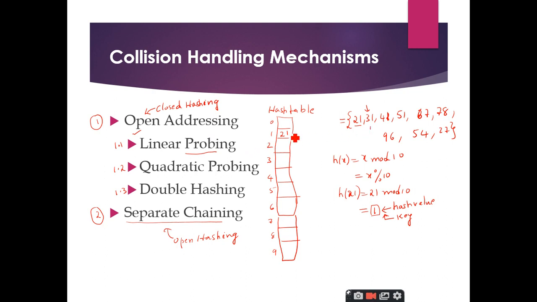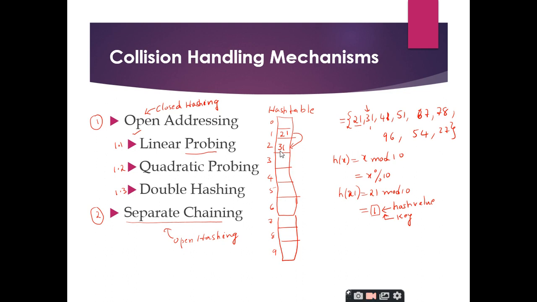So 31 collided at this location, so you search the next location, index 2. Is index 2 vacant or not? Yes. Therefore you insert this element at this location.